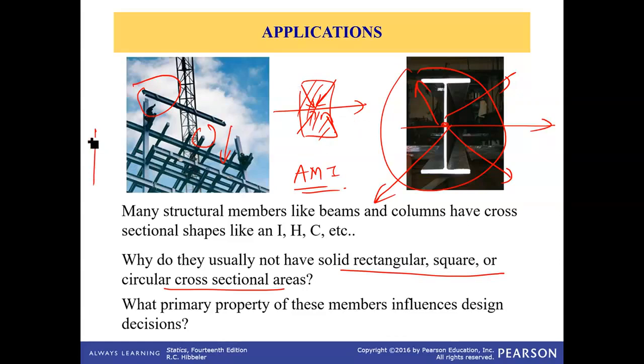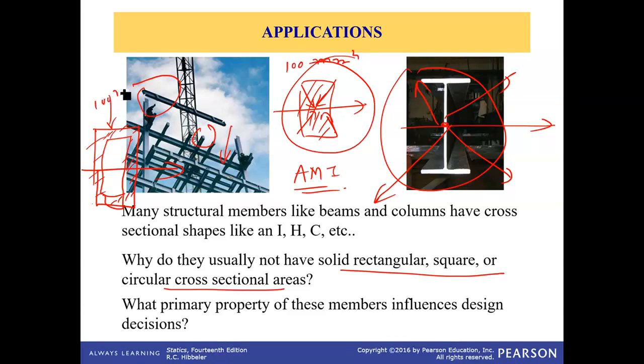For this rectangle, if we replace it by a hollow rectangle such as this one I have drawn here, where the material is only at the outskirts and the inside is hollow, then this shape has a much higher moment of inertia than the corresponding solid shape for the same area. Let's say both parts have the same area.